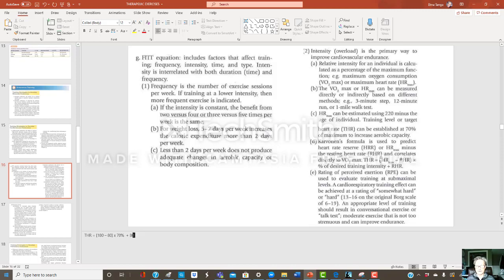So that would be your target heart rate. I'm basically putting this in here so that when I go back to study this, I will see it.